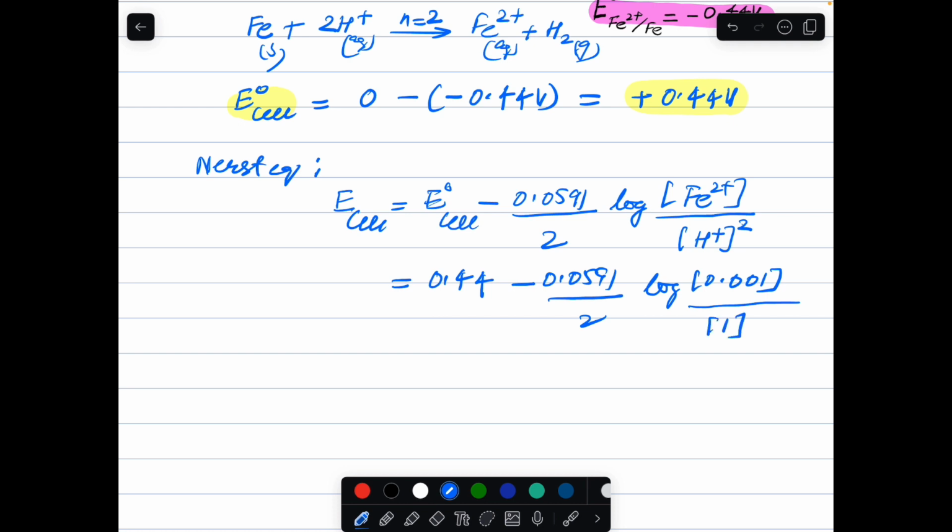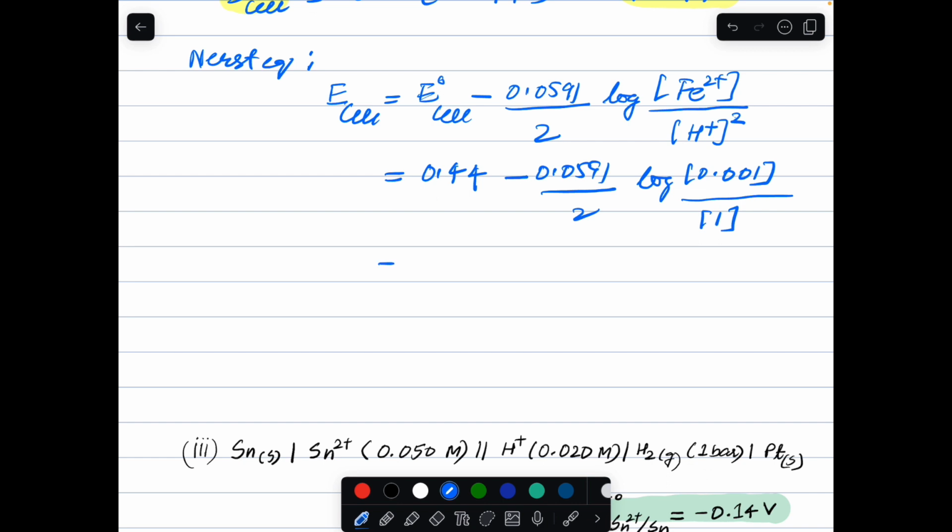So therefore, after calculating, we will be getting the answer as 0.529, sorry, this is 0.229 volt. So this is your E cell or EMF of this cell. This is the value.